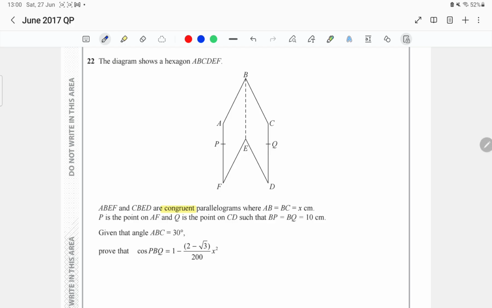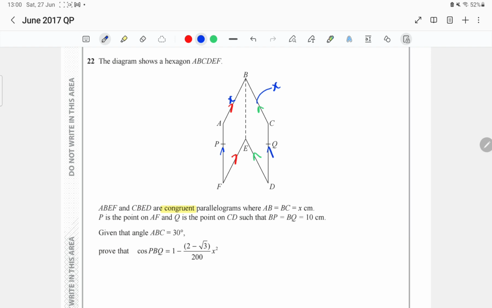Okay, so let's label what information is known. So this is x as well, and this is parallel to this. This is parallel to this, and this is parallel to this, and this is parallel to this.